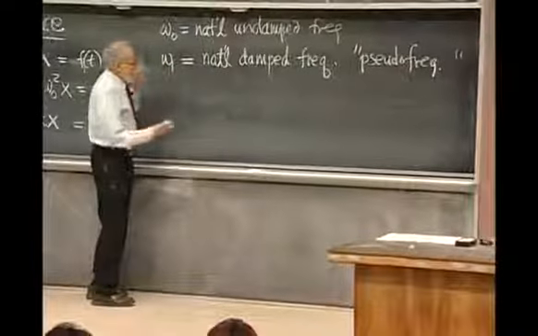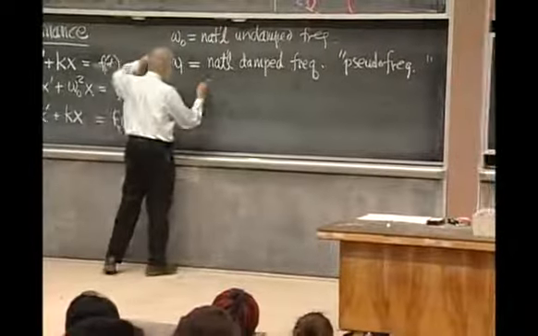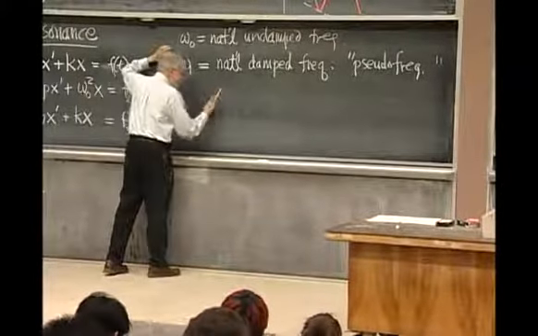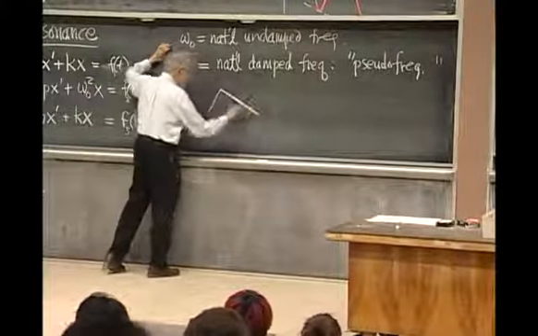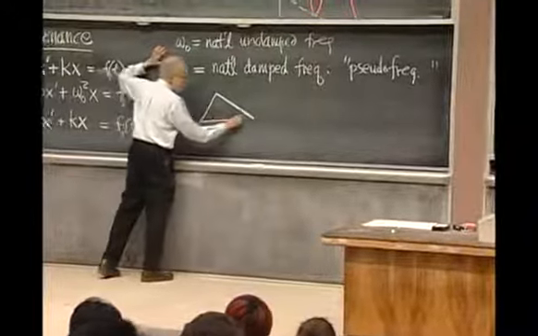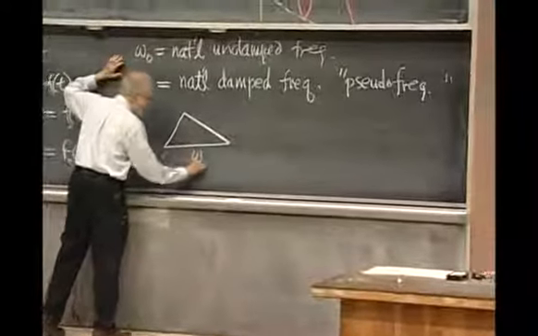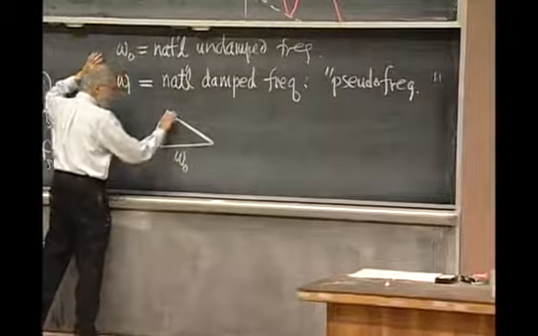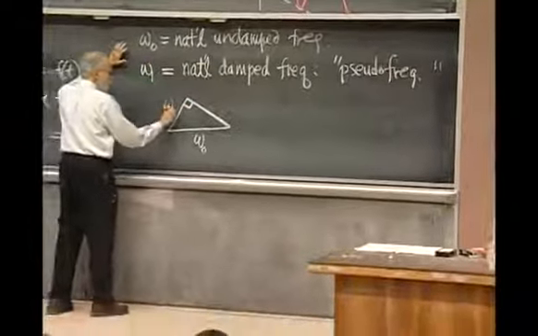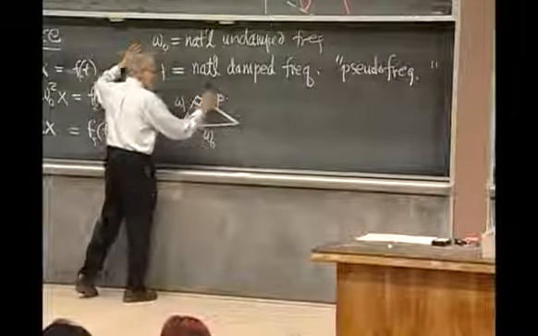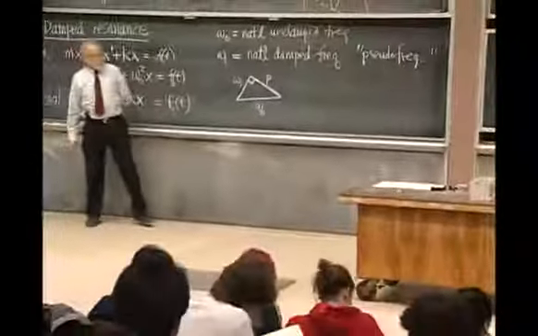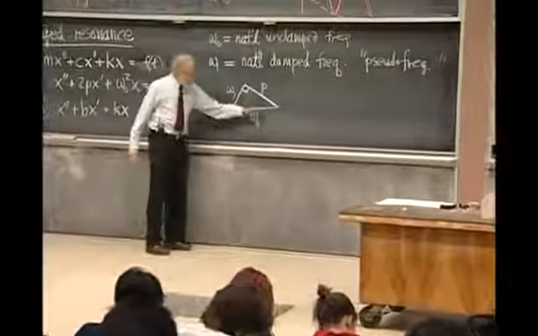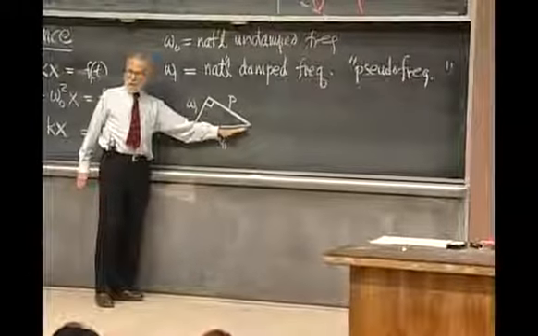Now, the relation between them is given by the little picture I drew you once, but I didn't emphasize it enough. Here is omega naught. Here is a right angle. This side is omega 1, and this side is the damping. This is fixed by the spring.